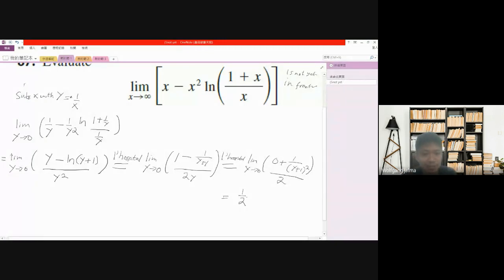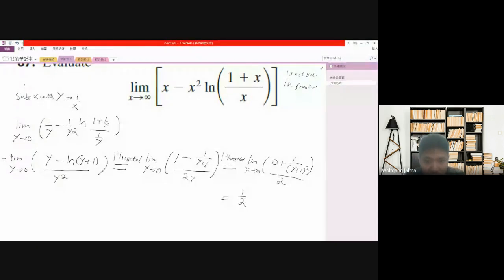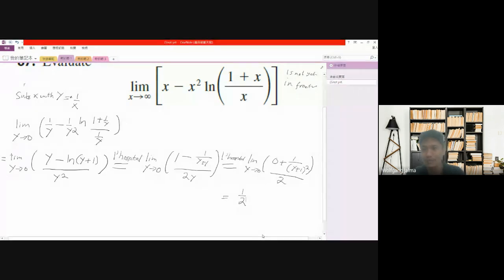Okay, so far, any question? Oh, sorry, I forgot to mention why I do L'Hopital twice. As you can see here, when we do it only once, this is still in the form of 0 over 0, right? 1 minus 1 is 0, 0 over 0.